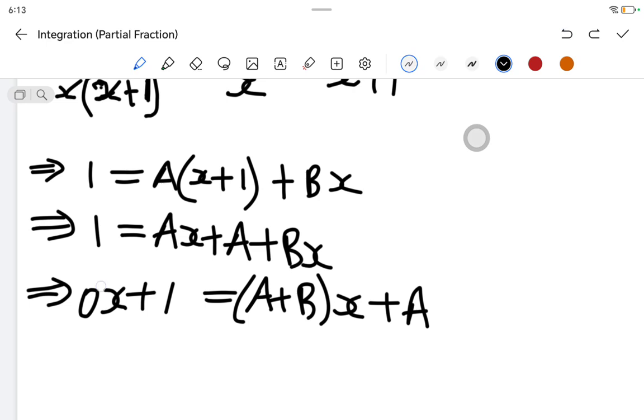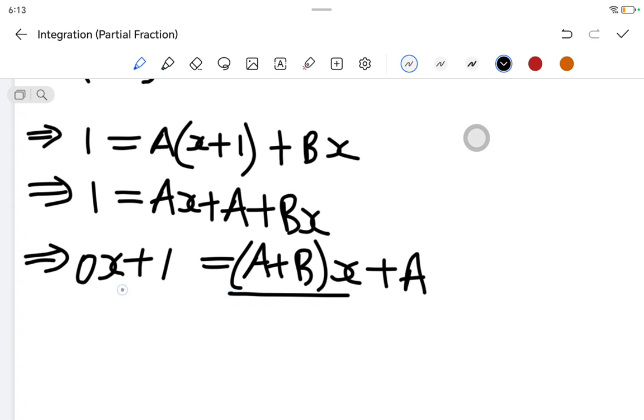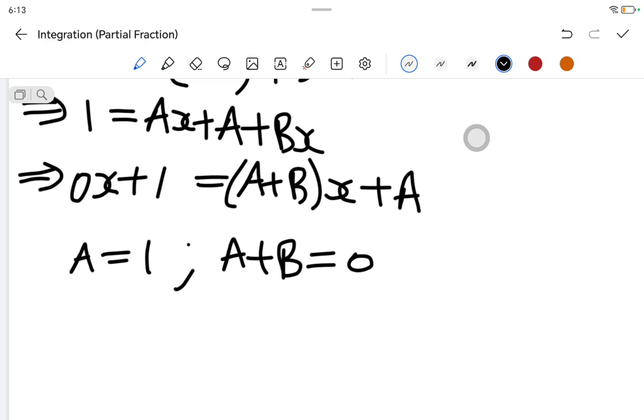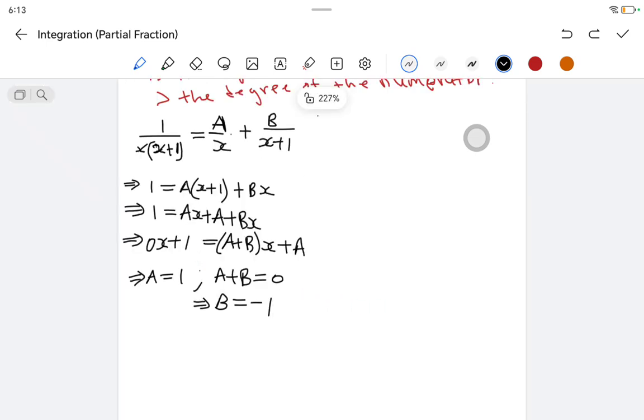This is in the same family as this one, meaning I can equate them, and this one is in the same family as this one, meaning I can equate them. So it means that our a is equal to 1, and our a plus b is equal to 0. Since a is 1, it means that b will be equal to minus 1. If I plug 1 here and take 1 to the other side, I'll get b equal to minus 1.